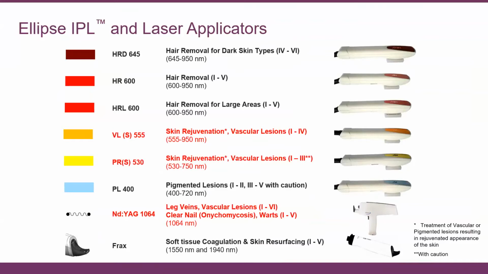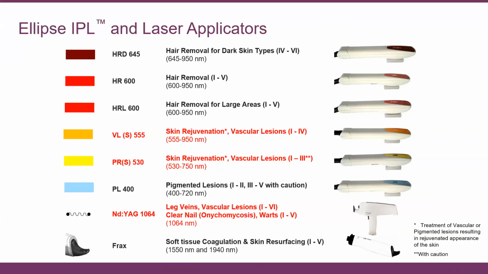So you can see from an IPL point of view, we have what we call the VL. This is used for treating vascular lesions in up to skin type 4. And this has a range of 555 nanometers up to 950 nanometers.